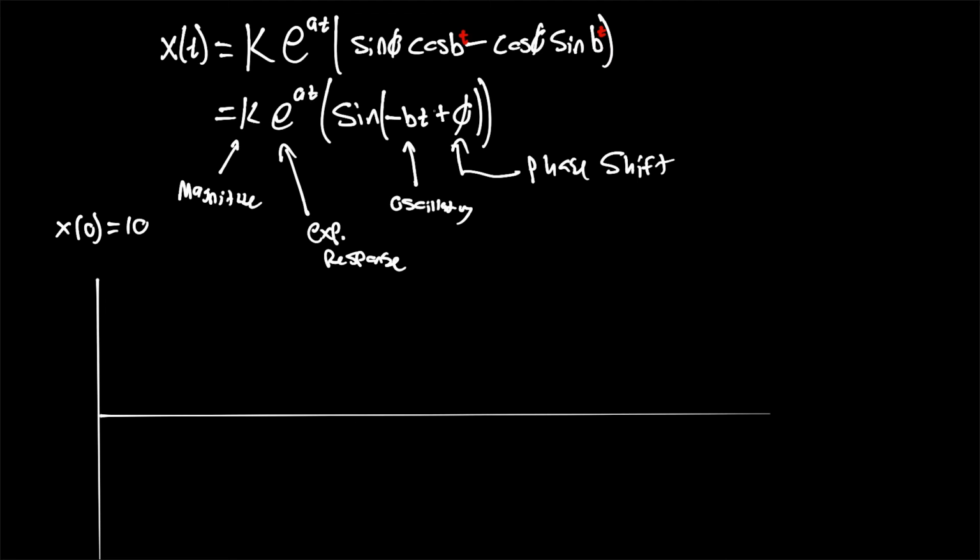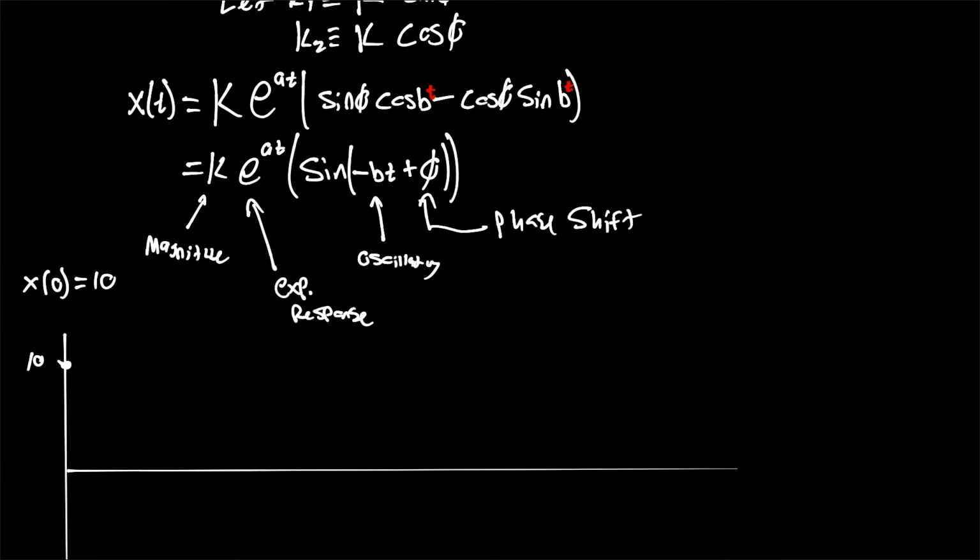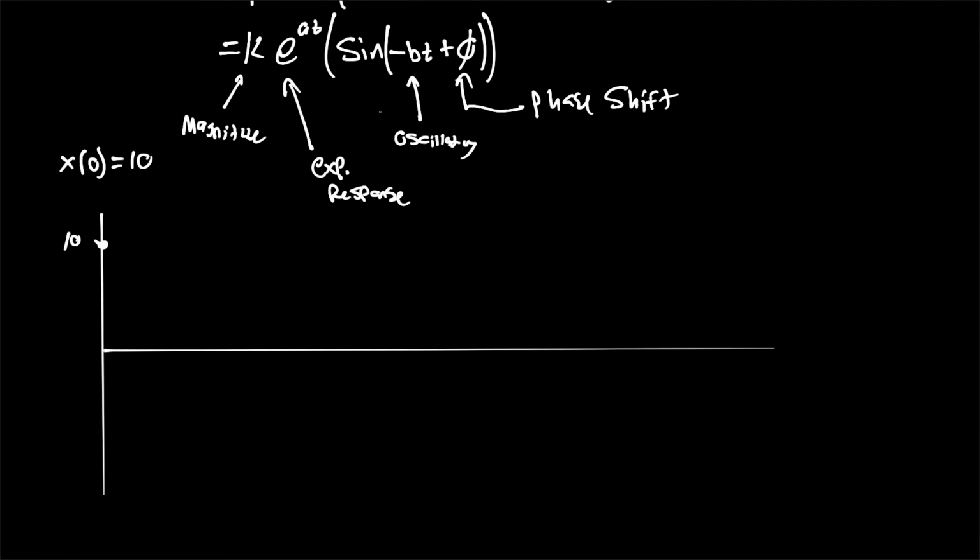It's going to be sine of 0 plus phi. We can basically determine that this has to be equal to 1 because it's the initial response. Our k value is going to be equal to 10, so there's 10 right there. And this value of phi is most likely going to be 90 degrees. So we're going to plot this response.